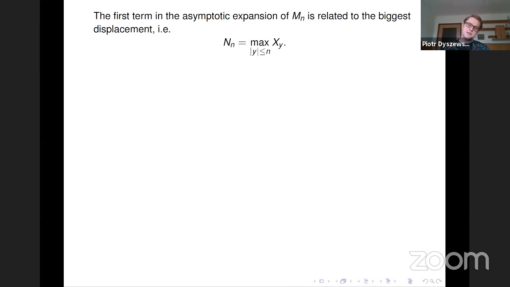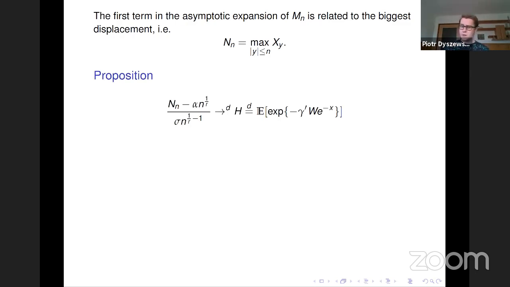And this biggest displacement, right? This is just a maximum of IID guys. And the only twist is that the number of guys that you are considering is random. But since those two quantities are independent, this is still easy to handle. So you know that after a proper centering and scaling, you will see a nice limit, which is again a random shift of the Gumbel distribution.